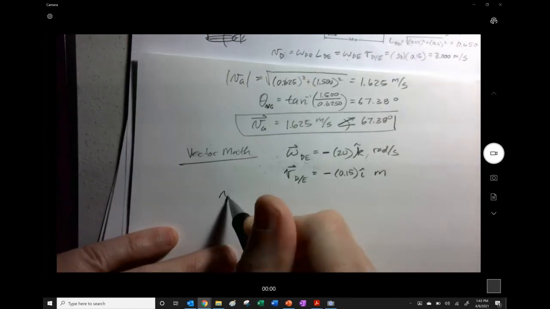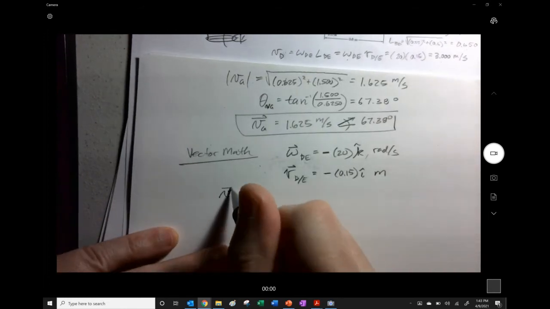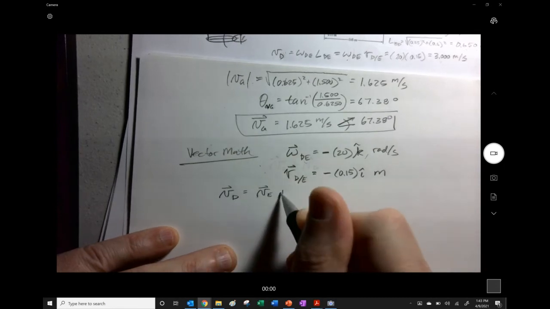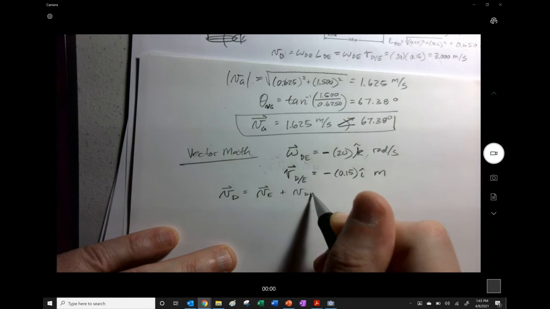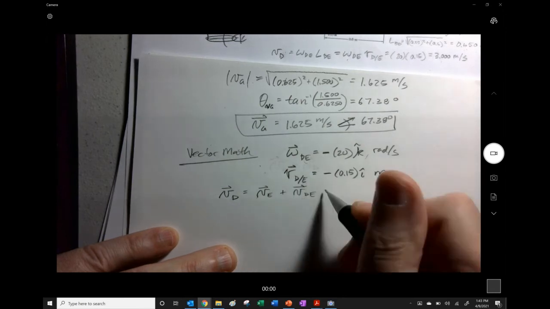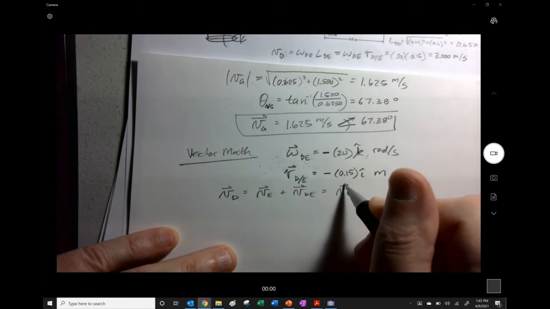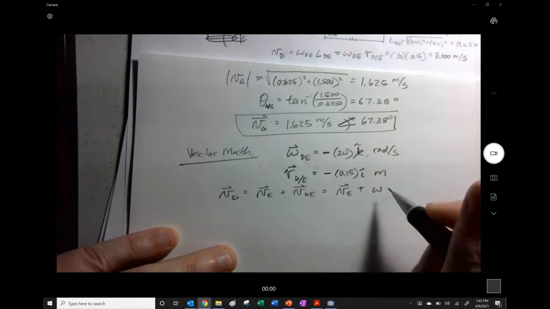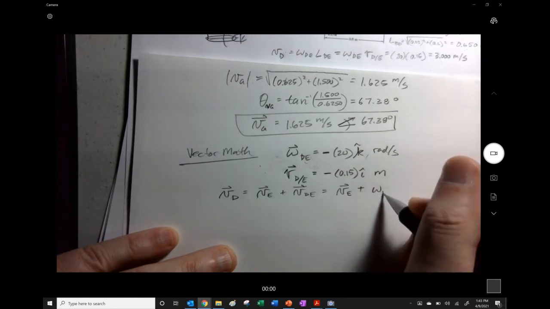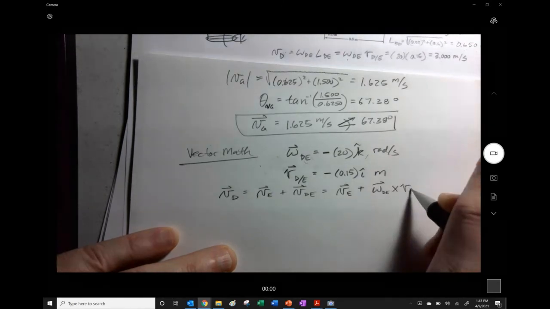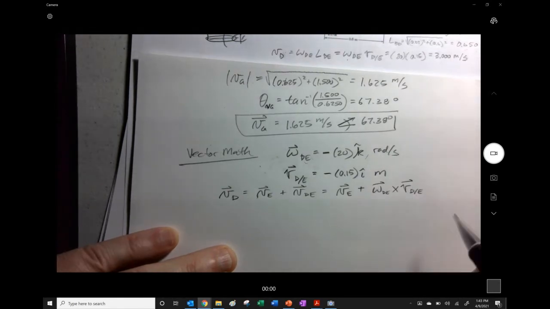So we say the velocity of D is equal to the velocity of E plus the velocity of D with respect to E, which in vector terms is omega dE crossed with r of D with respect to E. I think I got that right.